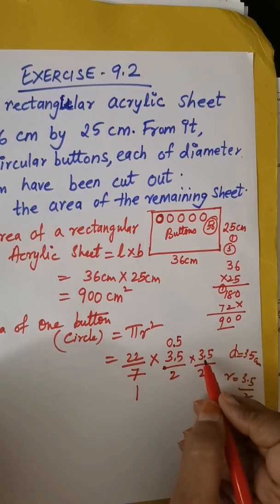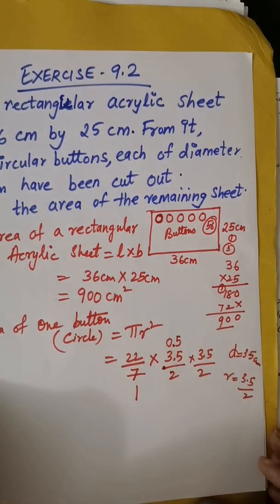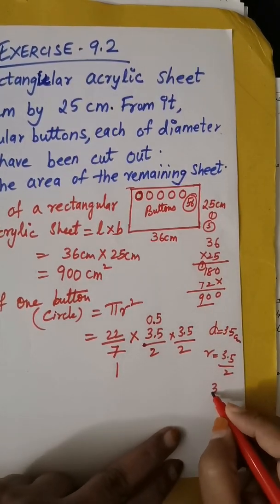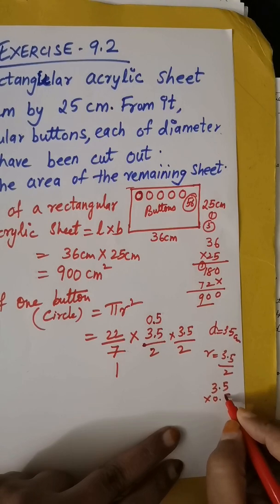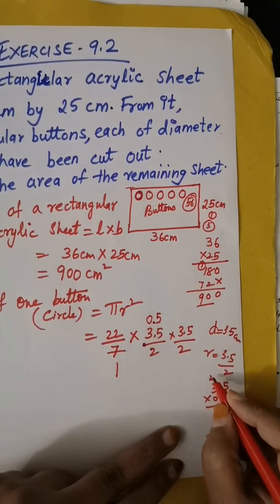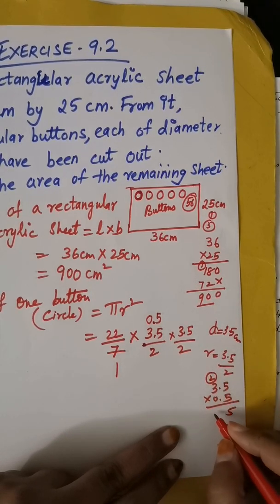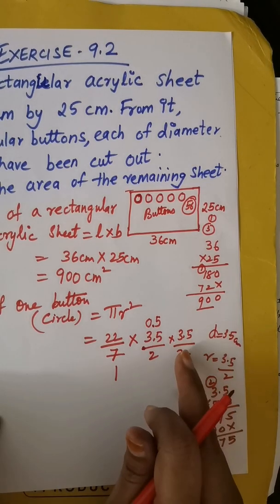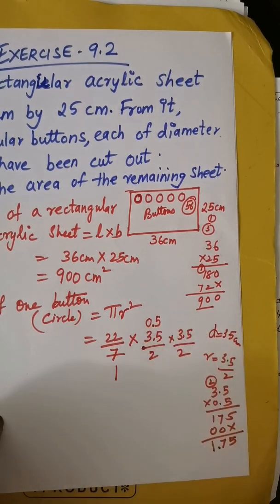Now multiply 3.5 into 0.5. 5 5s are 25. 5 3s are 15, 17. Cross mark. 0 5s are 0, 0 3s are 0. So 5, 7, 1. 1 number, 2 number dot. So when you are multiplying 3.5 into 0.5, the answer is 1.75.